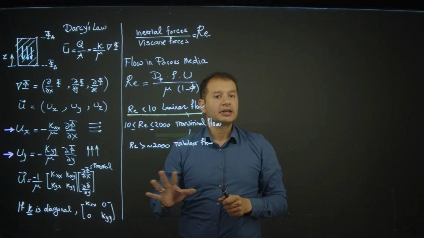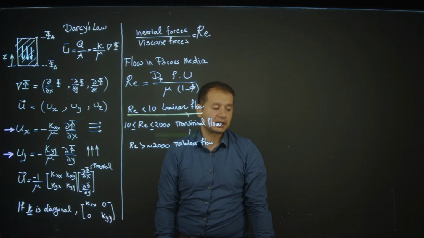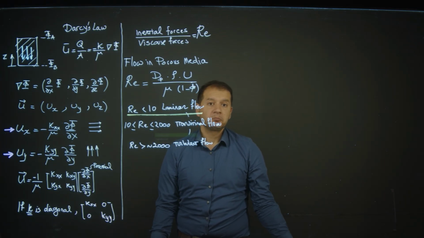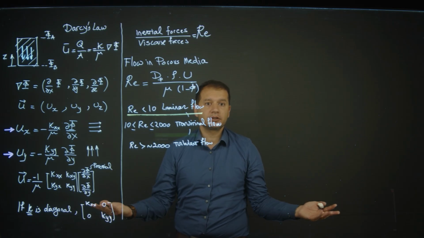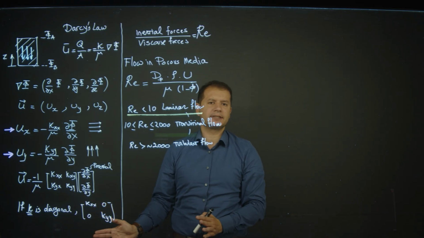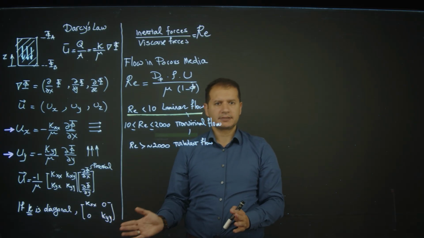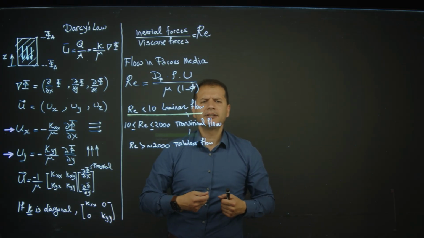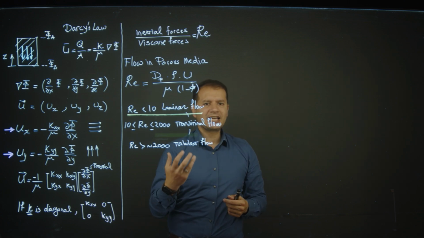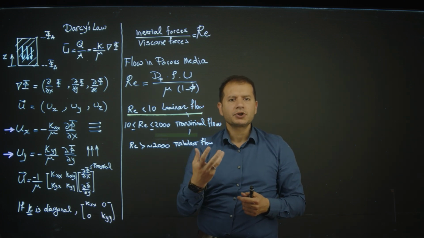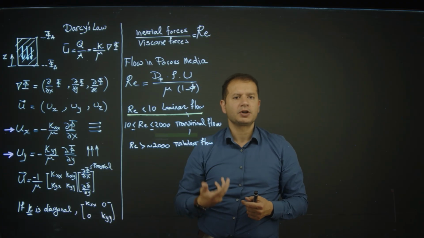If we are working in subsurface flow regimes like geothermal or hydrogeology systems of groundwater flow, Reynolds is much less than 10. It can be even less than 1. It's really like creeping flow, really, really small. But if Reynolds gets to be big, inertial forces have to be also considered.